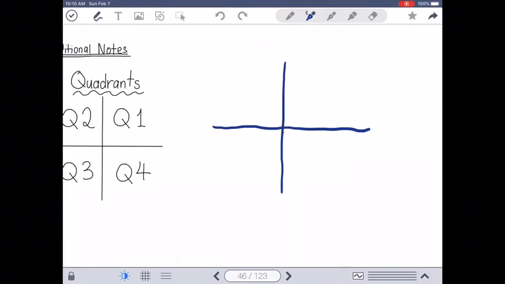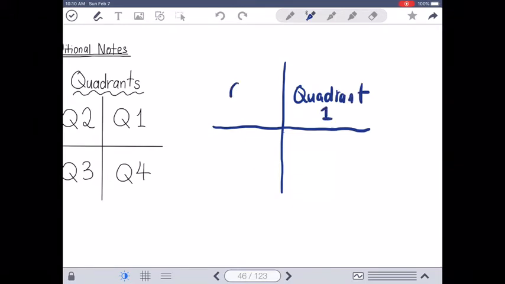For example, the first one is known as quadrant 1. Quadrant 1, quadrant 2, quadrant 3, quadrant 4.